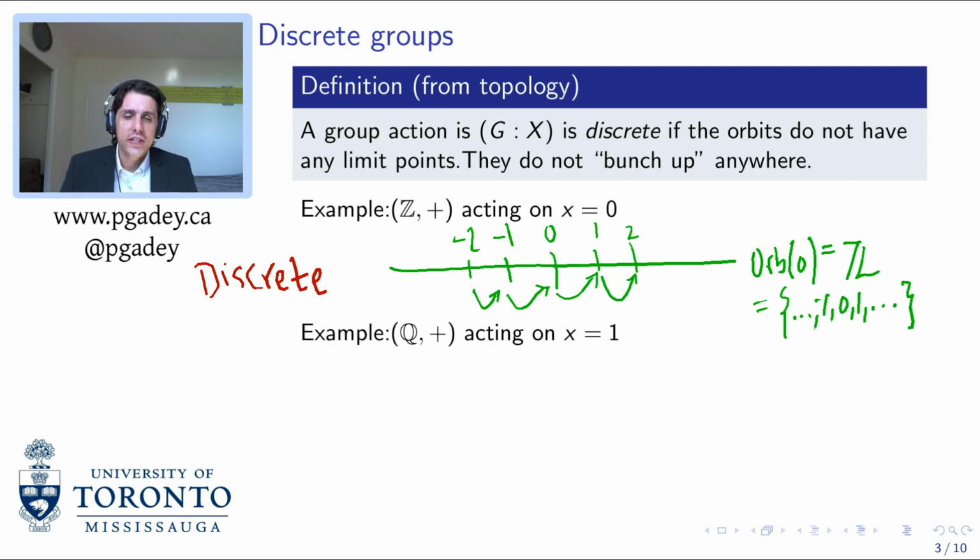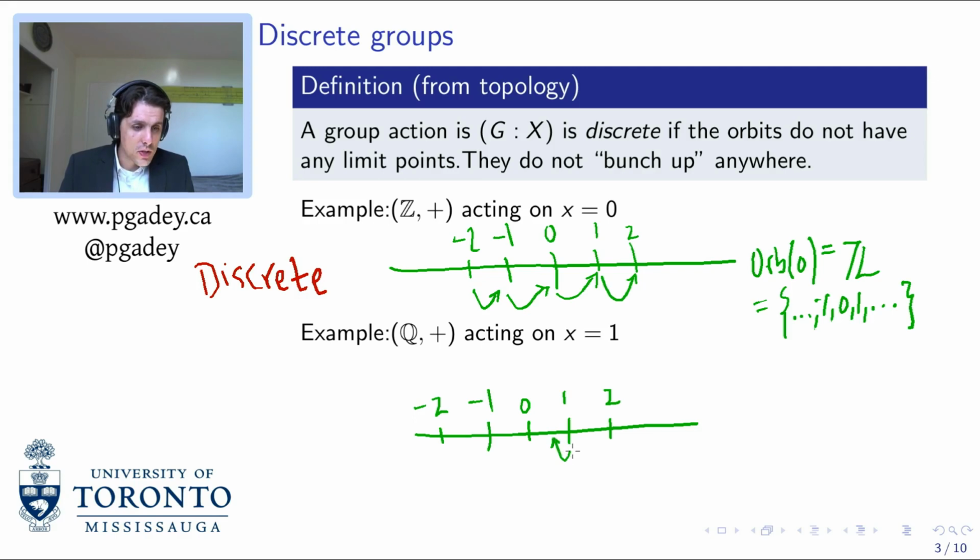Okay. Now let's look at an action that's not discrete. Consider the rationals acting on the point x equals 1. So here we'll start off with our number line. And we can move that point 1 anywhere we want as long as we move it to a rational point, right?